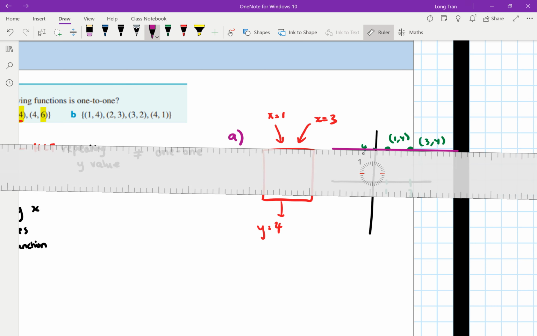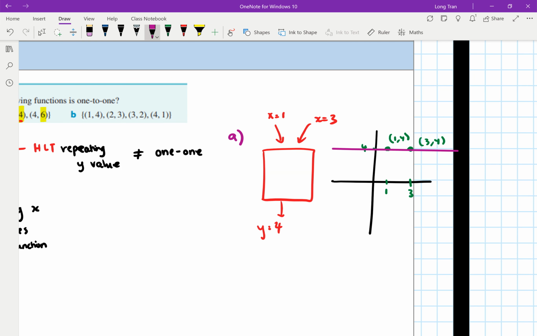When I do the horizontal line test, you can see this is not a one-to-one. See that? When I draw that, that horizontal line will intersect twice, because a one-to-one would mean that for every y, there should only be one x value. But in this case, x equals 1 gives one y value, but then I get another x for the same y value. That can't work. There can only be one unique x to get 4. So the only way to get 4, I need only one x value, and it can only be one number, not two numbers.